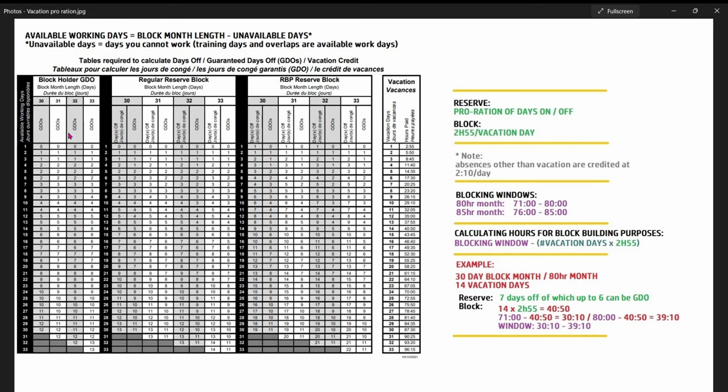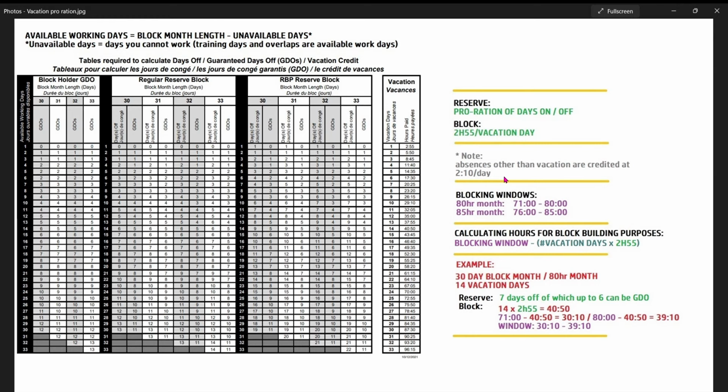What's really going to be even of more importance is calculating how many hours you have to bid for given your vacation credit. So if we go here, I just made a little side note. Absences other than vacation are credited at 2 hours and 10 minutes per day. That is for block building purposes only. It is not for pay purposes.